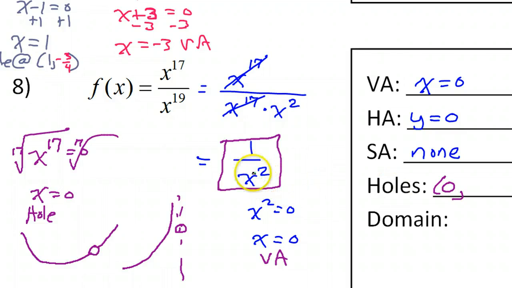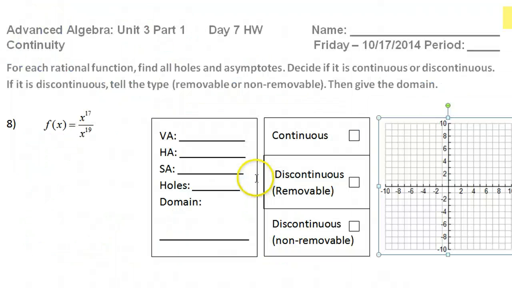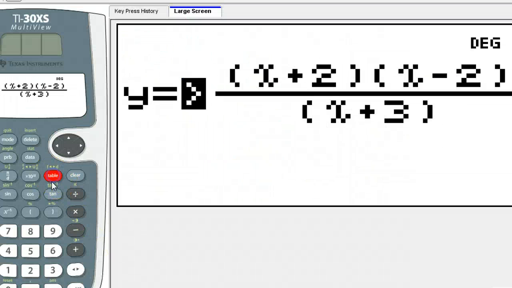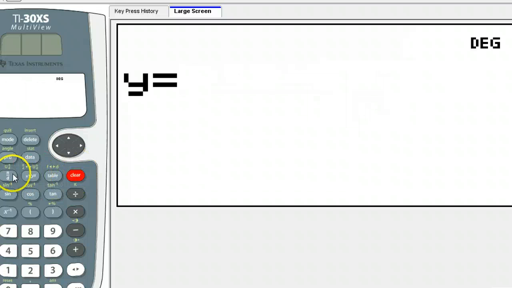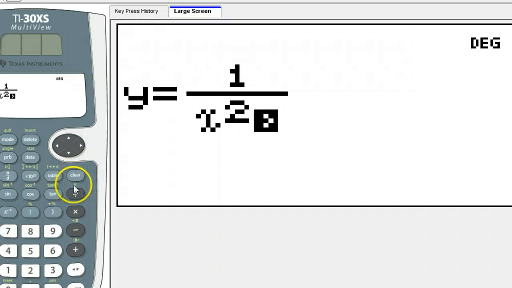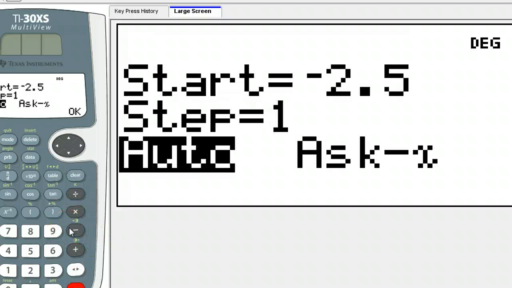But what's going to happen when we look for the y value now? If I tried to look for this y value, and I'm hoping in your head you kind of know what I'm going to see here. If I do 1 over x squared, and I want to see what's happening at 0, guess what?